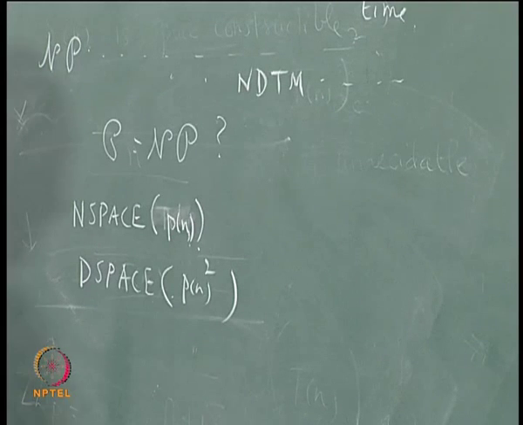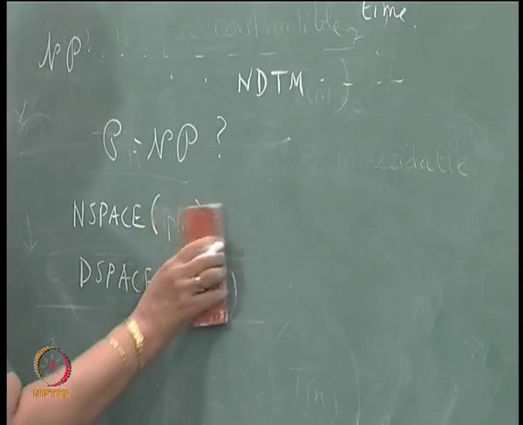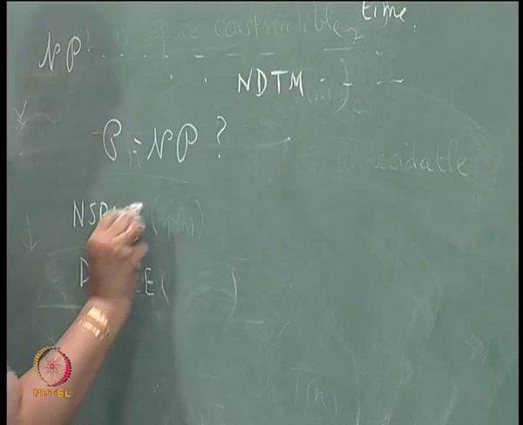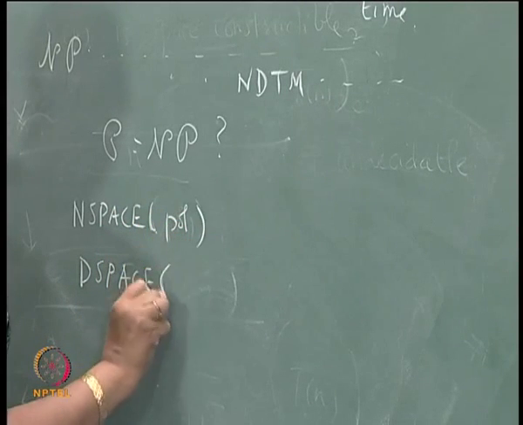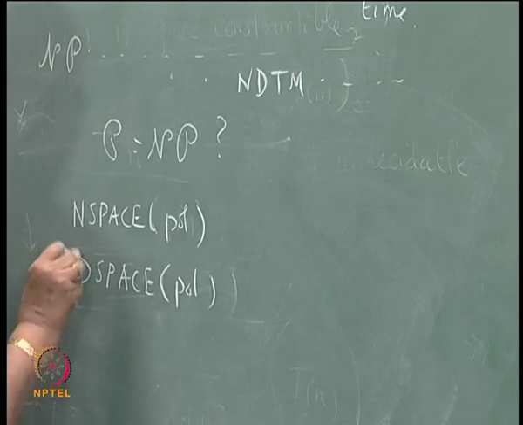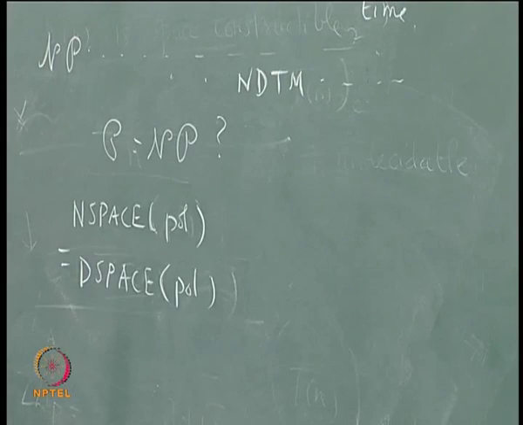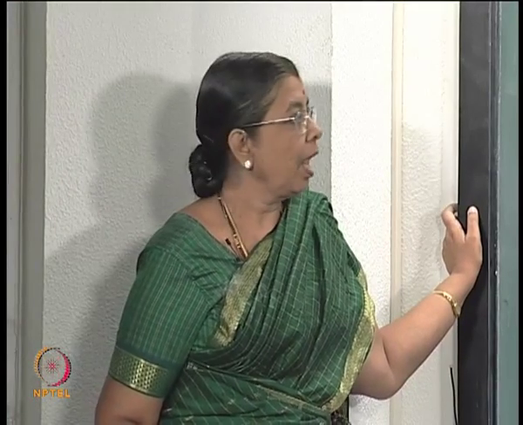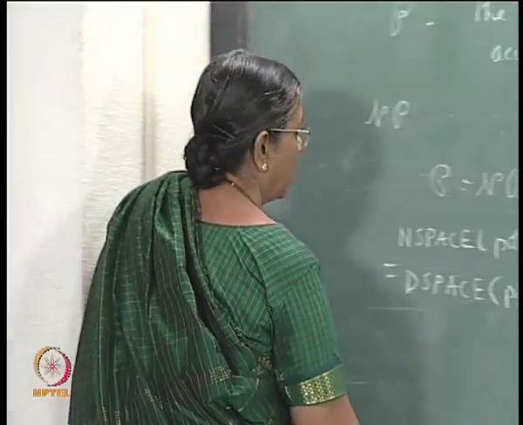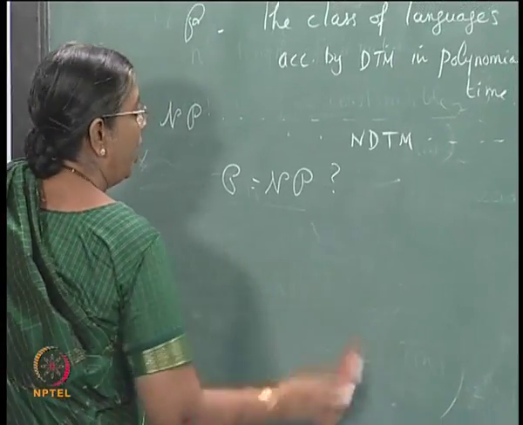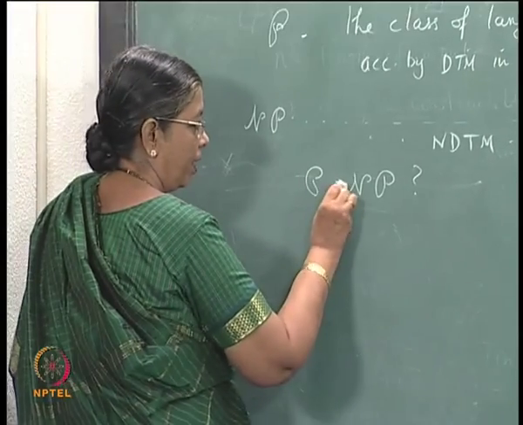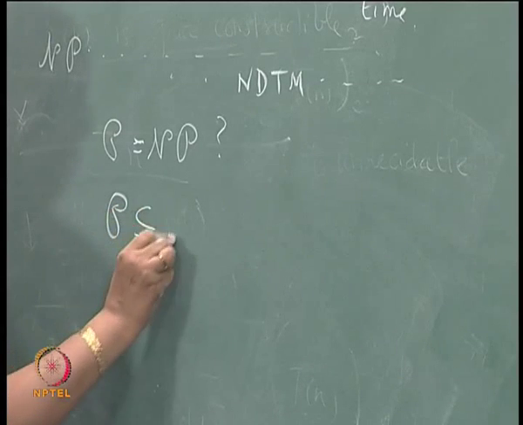If it is polynomial, they are equal: N space and D space are equal. So, in the hierarchy, whether P is equal to NP is not known, but definitely P is contained in NP.